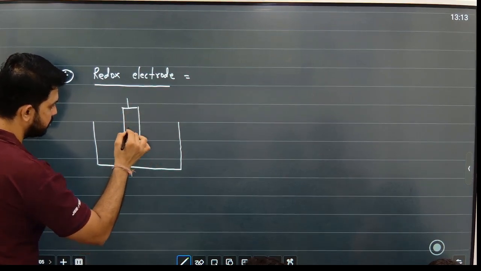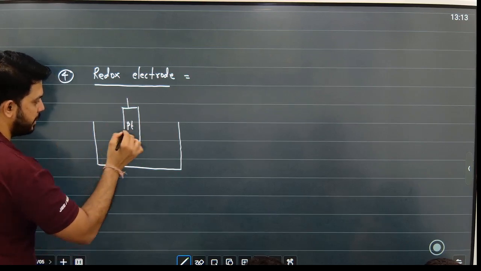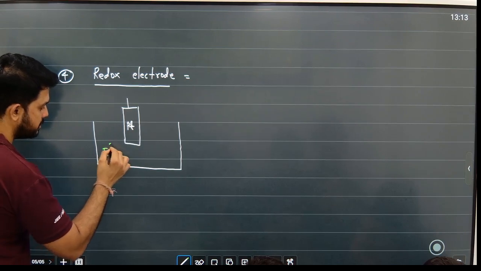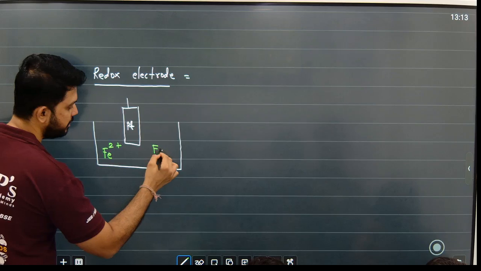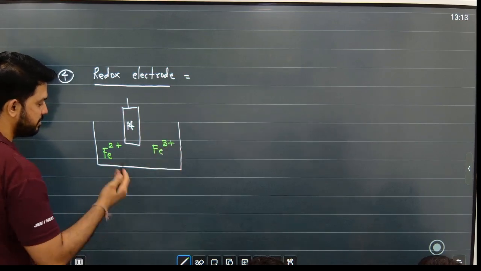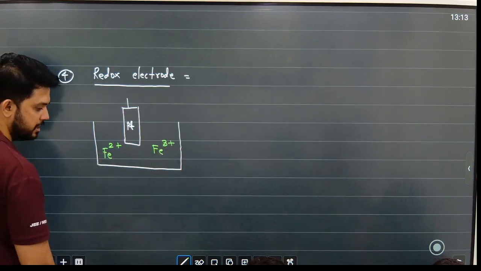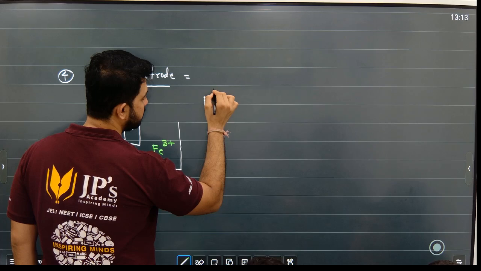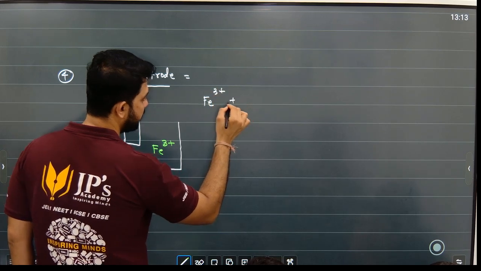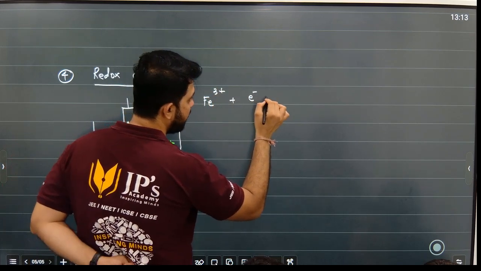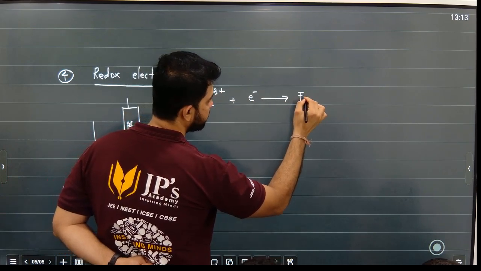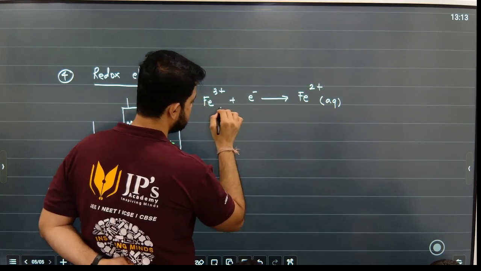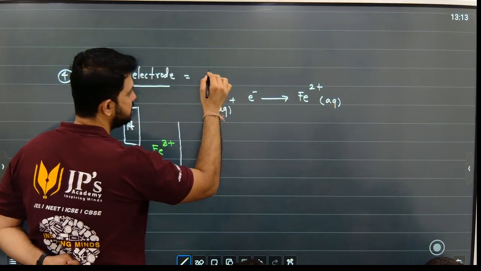Let's say my inert electrode is platinum, and I have Fe solution. जहाँ पे I have Fe2 plus, I also have Fe3 plus, because Fe can show 2 plus as well as 3 plus, which means that Fe3 plus can accept electrons and get converted into Fe2 plus.